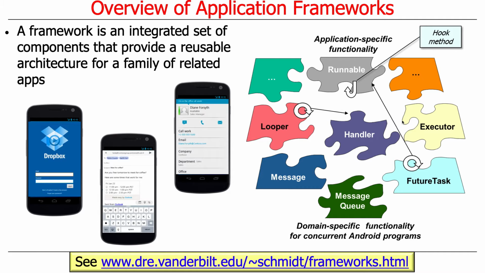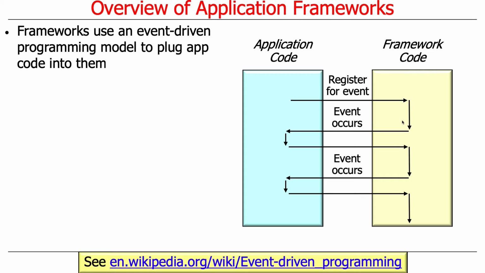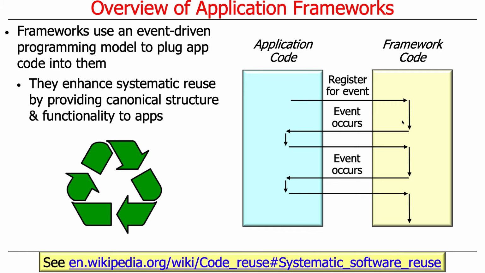Here's a quick summary of how control flow occurs in a framework. Frameworks are typically based on what are known as event-driven programming models, where you register these event handlers that get called back when things occur that the framework detects on your behalf. This is convenient because it allows you to plug stuff into your apps.